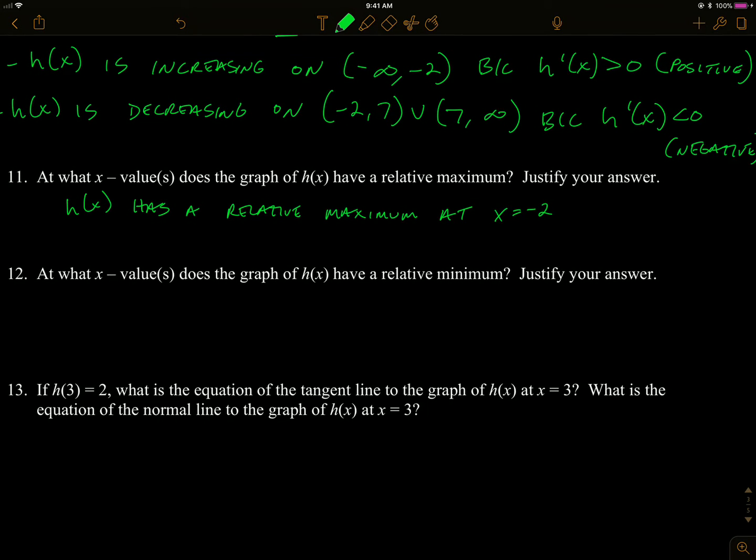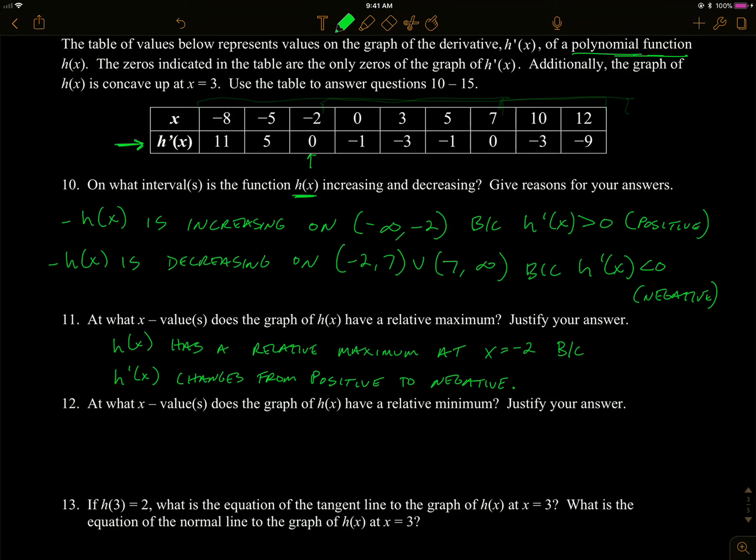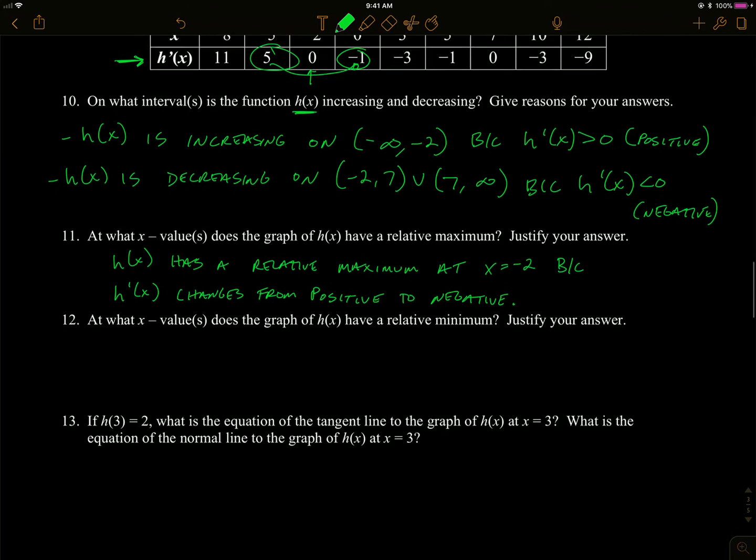It has a relative maximum at x equals negative 2 because h prime of x changes from positive to negative. So right here is where the derivatives switch from positive to negative. So that means there must be a maximum.